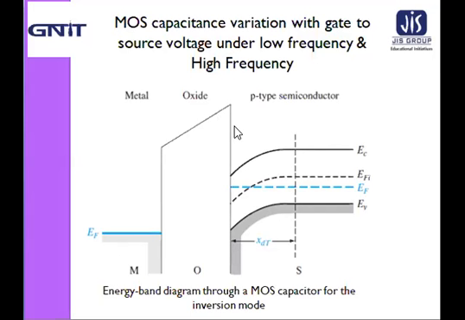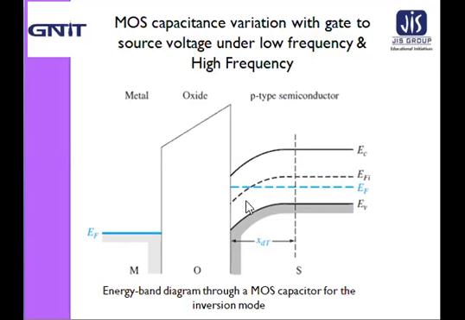And this process is again the same as that in a reverse bias PN junction, which generates the reverse biased generation current. Both of these processes generate electrons at a particular rate, and the electron concentration in the inversion layer cannot change instantaneously.